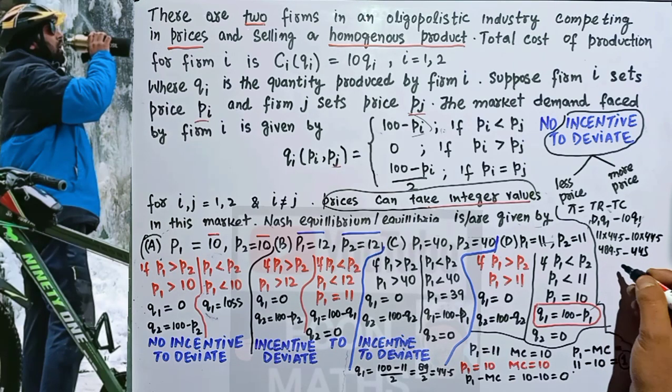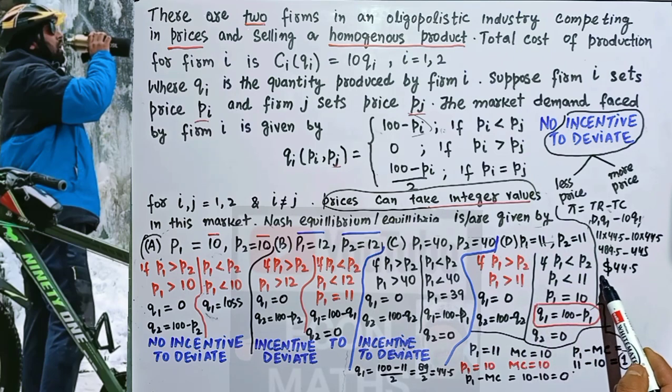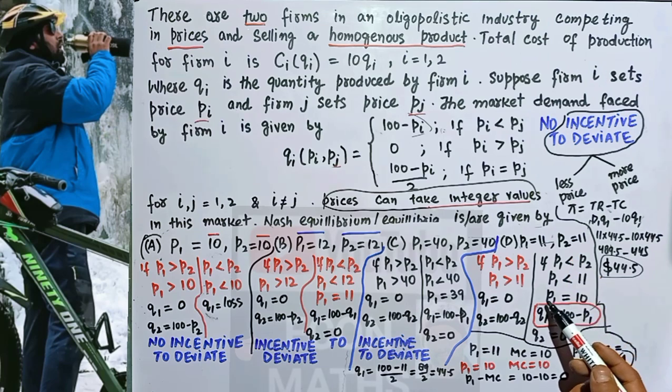That means profit was 44.5. So firm 1 was making $44.5 of economic profit.